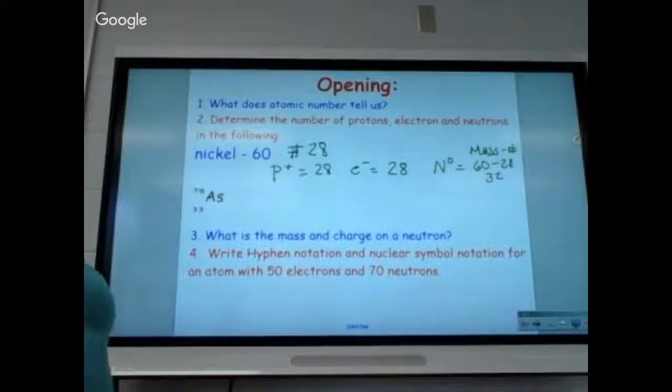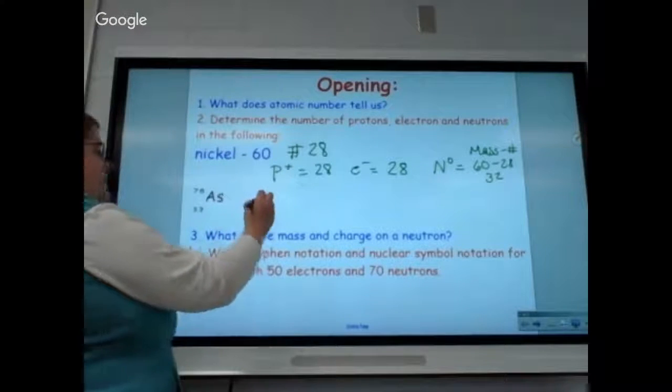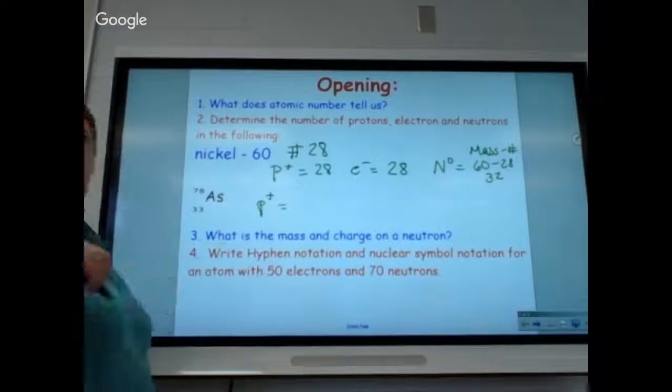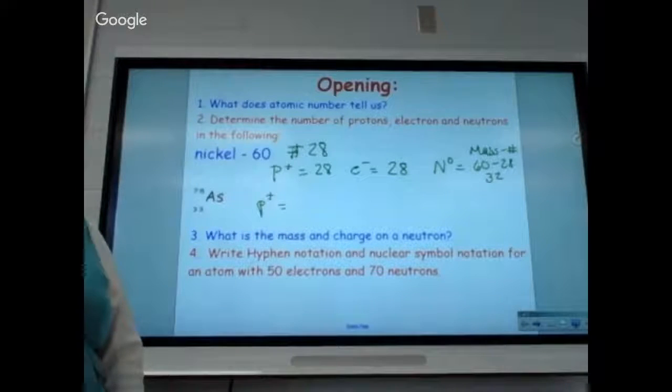Okay. So in the second one, this one's called nuclear symbol notation, and both numbers are given to us. So how do I find the protons, Hyro? How do we find the protons? What's the atomic number?